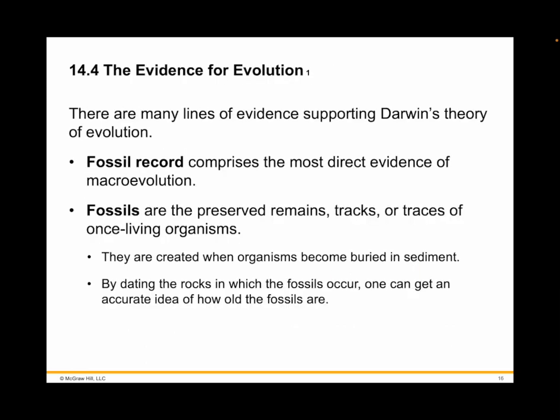The most direct evidence for evolution is found in the fossil record. Fossils are the preserved remains, tracks, or traces of once living animals. Fossils are created when organisms become buried in sediment. The calcium in bone or other hard tissue mineralizes, and the surrounding sediment eventually hardens to form rock.